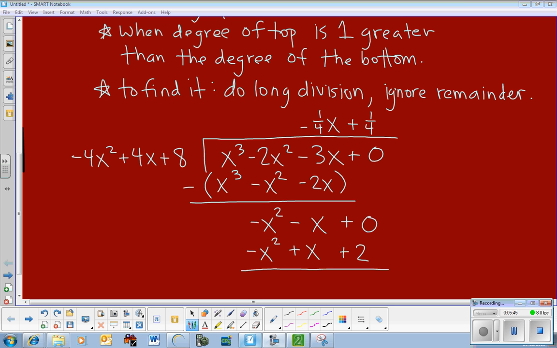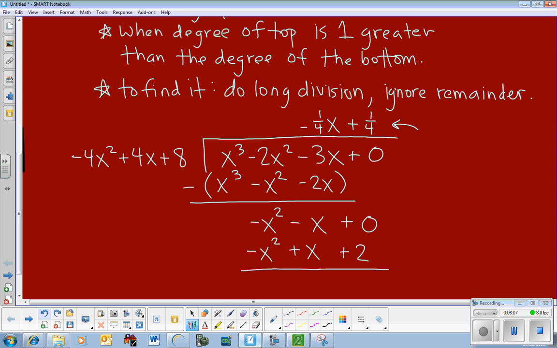And that's negative 1/4 x. Distribute and write that below and subtract, and then the next time I need to multiply by 1/4 to get this. And you can see that's why I put a 1/4 on top. And really you can stop there because everything else is just going to be forming the remainder, and I'm going to ignore the remainder anyway.